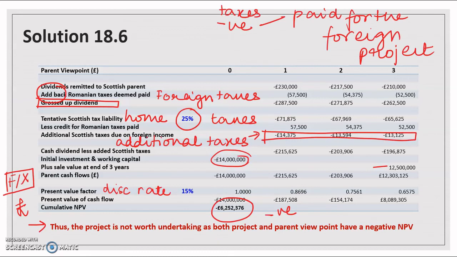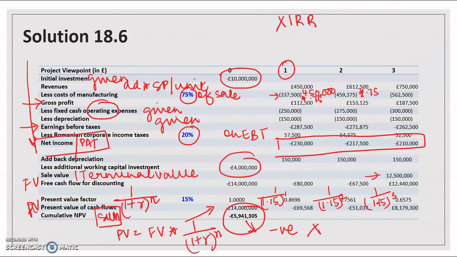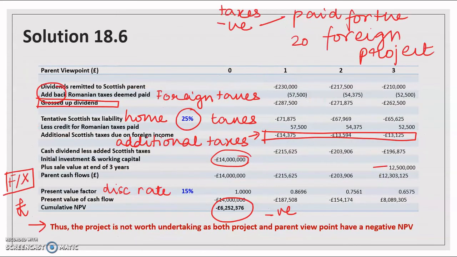Now the difference suggests that in your foreign market, if you go back to the project viewpoint, you only paid 20%, and in your home market you have 25%, right? So that's what you will essentially be adjusting for. So you will be looking at the difference between what you've paid in the foreign market and what you've paid in the home market. Okay, so this value and this value is what is going to be adjusted for.